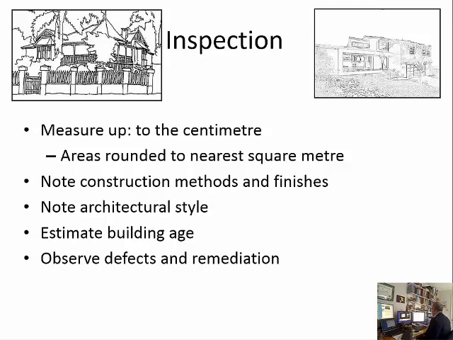When you go to the inspection, you really want to take down as much information about the property as possible. Basically, it consists of going into every room in the property, measuring up so you develop your own floor plan, and from that you compute the floor area rounded to about the nearest square metre.